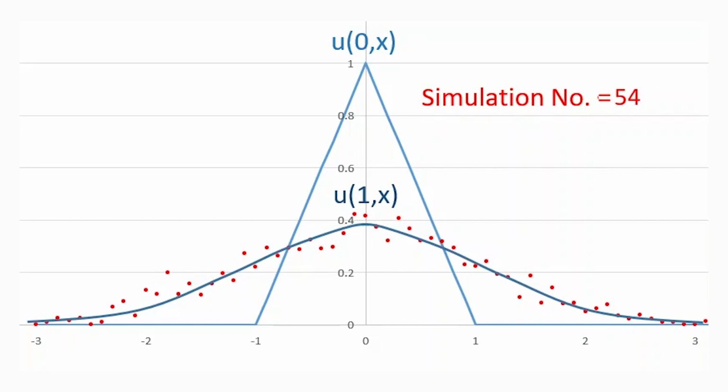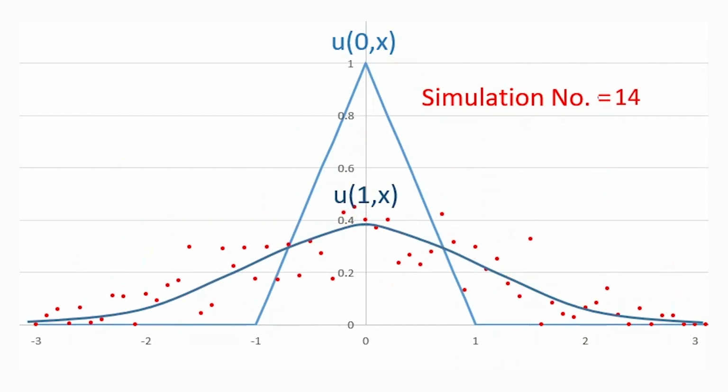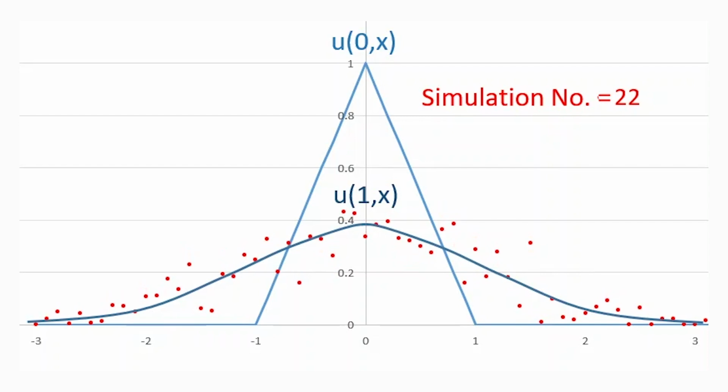Imagine that we have not computed the solution and we don't know this value, but we want to find this particular value using this formula. That means we would like to use W1, a normal random variable with mean 0 and variance 1. So we would like to find the expectation of this.